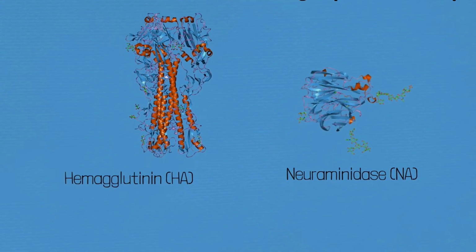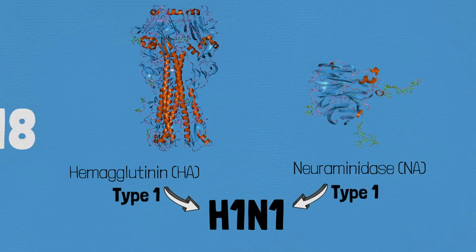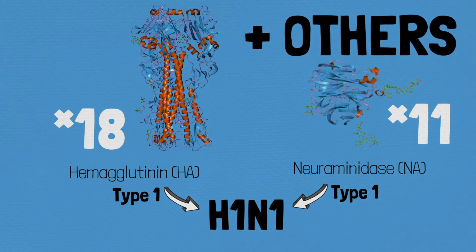You may be familiar with the swine flu genotype, H1N1, hemagglutinin type 1, and neuraminidase type 1. There are currently 18 different hemagglutinin genotypes and 11 different neuraminidase genotypes, as well as other types for the other 6 genome sequences. These different genotypes, for example H2N2, circulate in different species.